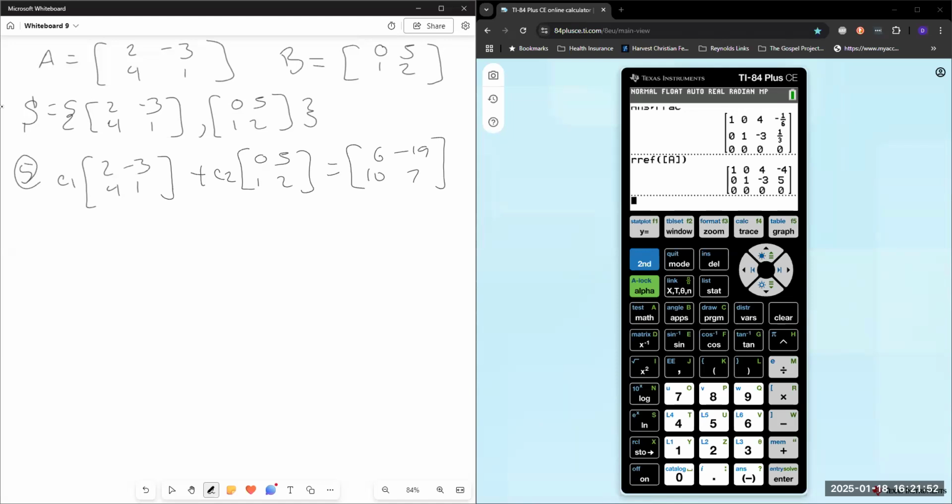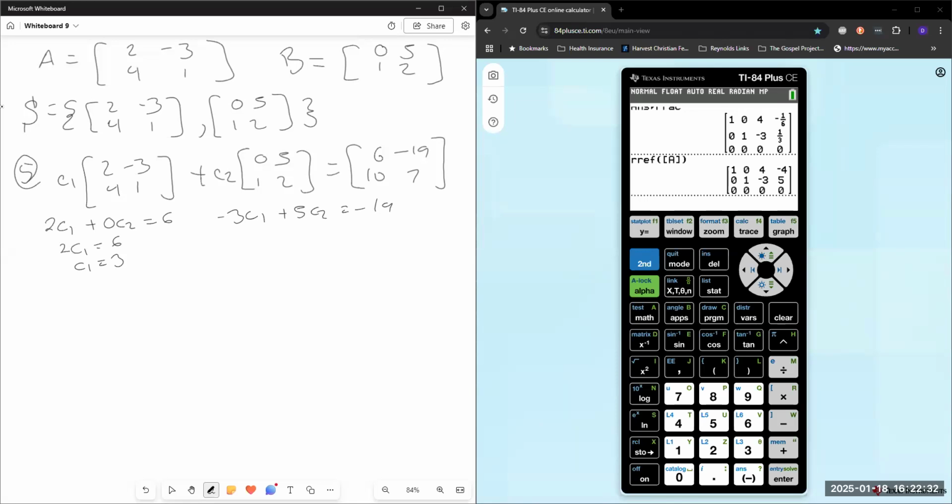And so I'm going to get equations here that say 2C1 plus 0C2 equals 6. That tells me 2C1 equals 6, and C1 has to equal 3. Then looking at -3C1 plus 5C2 needs to be -19.